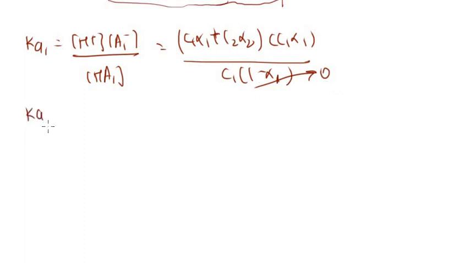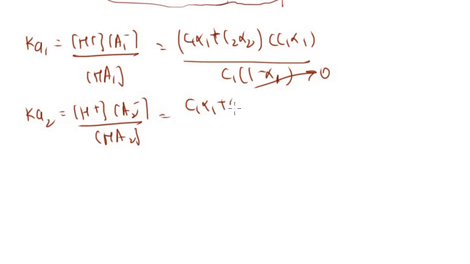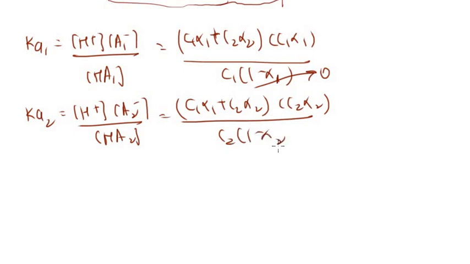Now Ka2 comes out to be H plus into A2 minus divided by HA2. Here it is C1 alpha 1 plus C2 alpha 2 into C2 alpha 2 upon C2 into 1 minus alpha 2. That also becomes Ka2. Now let's give this equation as 1 and this as 2.